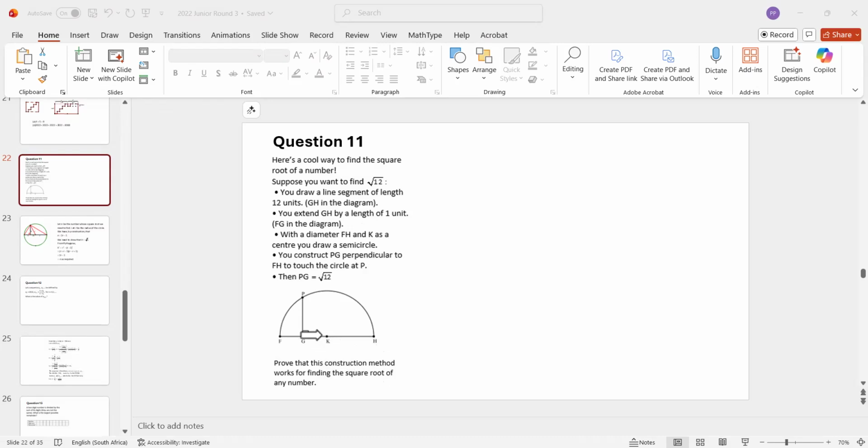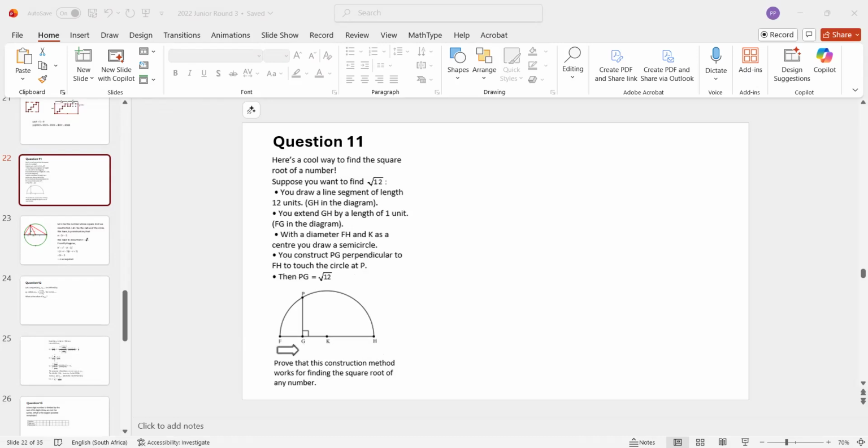So the center of the circle will be, they named it as K, right, which has got radius 6.5, because the whole thing has got 13. You draw a semicircle, right, as you can see.